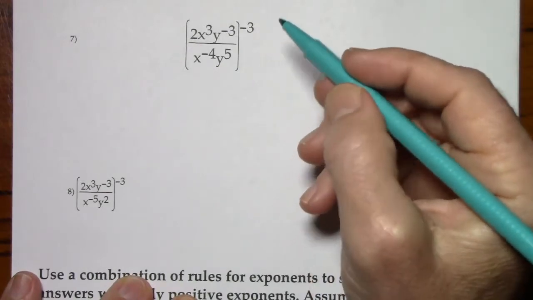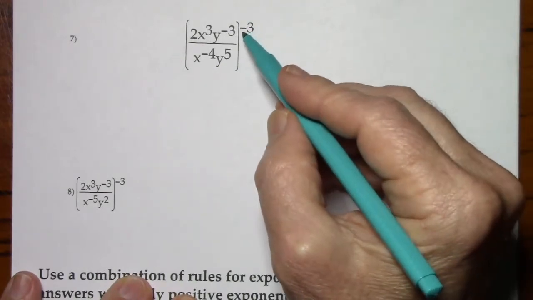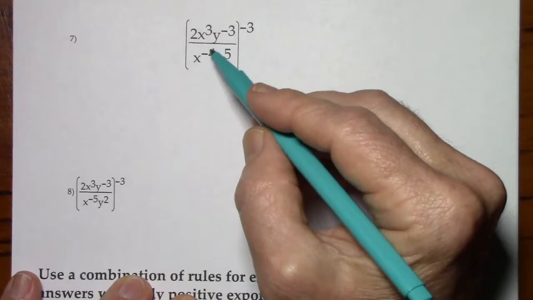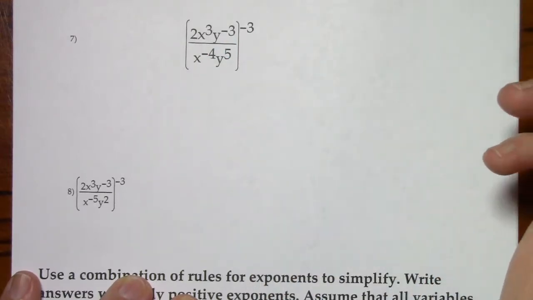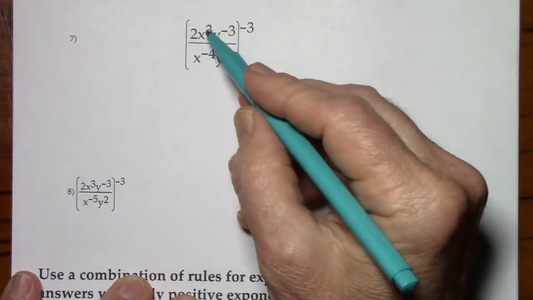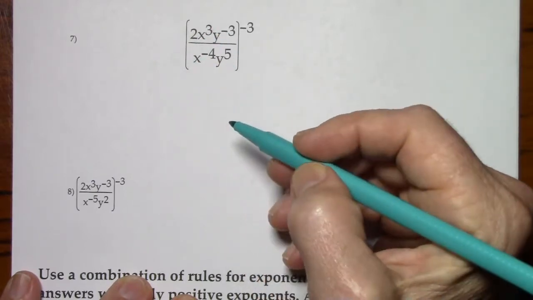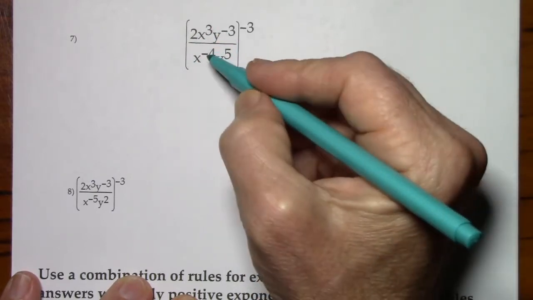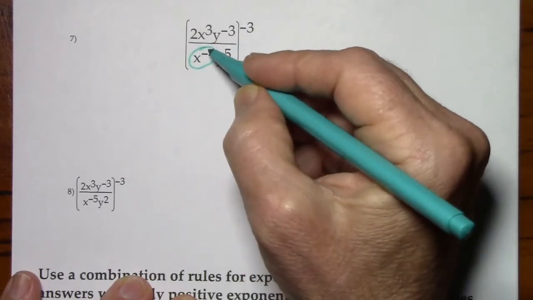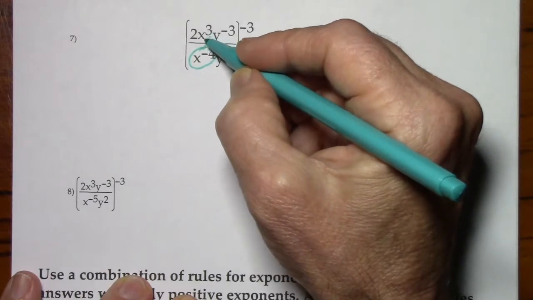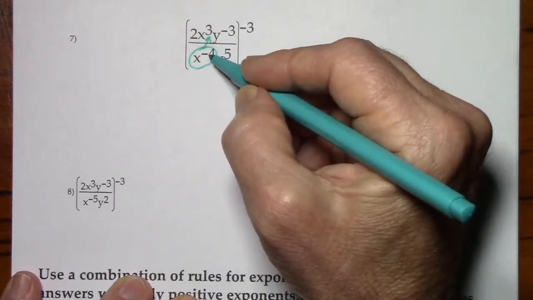Looking at this one, we have a negative exponent out here. We also have some negative exponents inside. There's different ways to proceed. I think my choice is going to be clean up inside the parentheses first. So I'm going to take this x to the negative 4. By taking the reciprocal, in effect, I'll just push it up across the line and I'll change the sign.